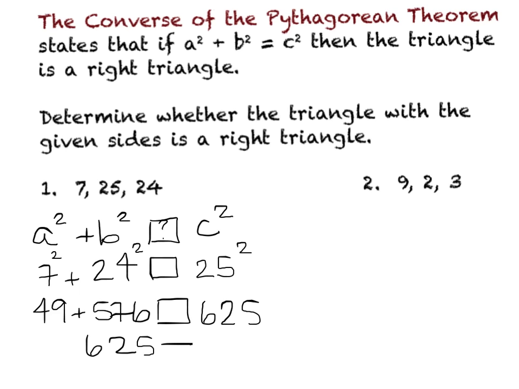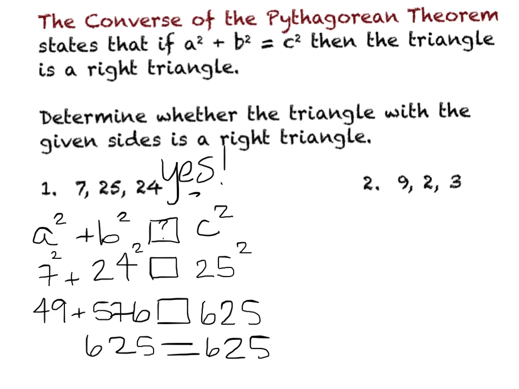So 625 is, of course, equal to 625. So at this point, what I can conclude is that if I have a triangle with side lengths of 7, 25, and 24, this will indeed make a right triangle. So yes, I will have a right triangle.